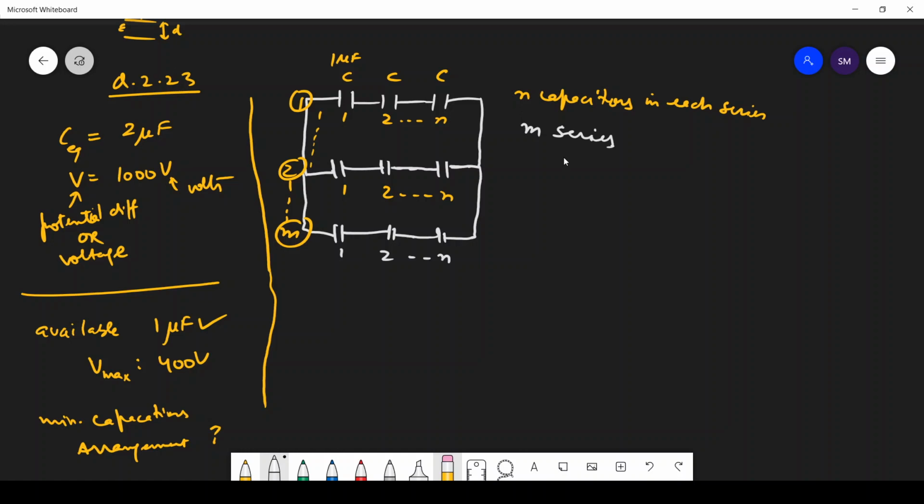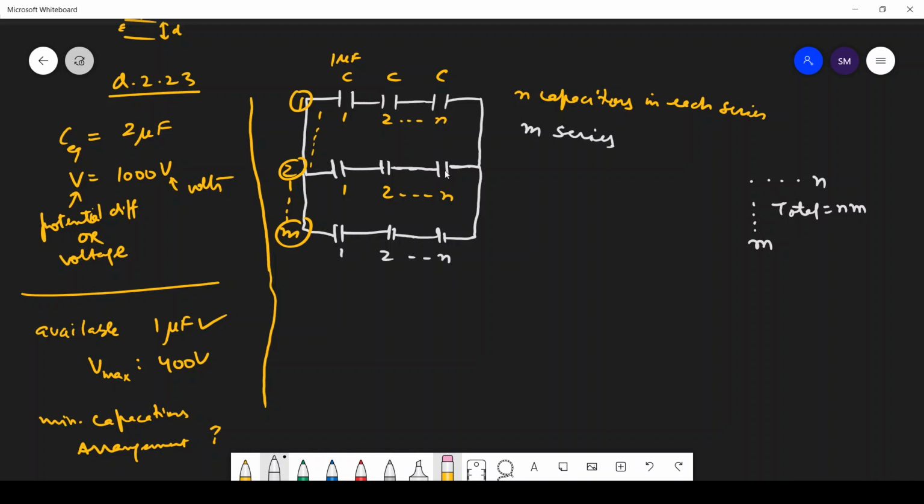How many total capacitors will there be? In each series there is n and there are m series, so the total number of capacitors will be n times m, right?